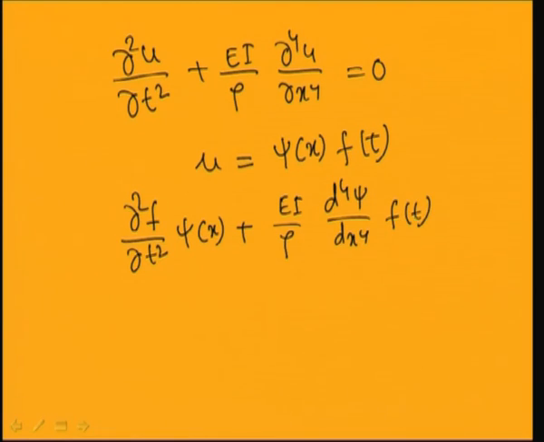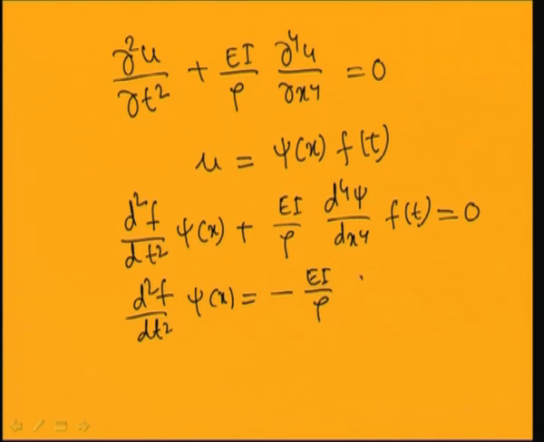So, in this case, as f is a function of time only, instead of writing partial derivative I can write d square f by dt square times psi x plus EI by rho d fourth psi by dx fourth times f t equal to 0. Or I can write this equation in this form: d square f by dt square times psi x equals minus EI by rho d fourth psi by dx fourth times f t.